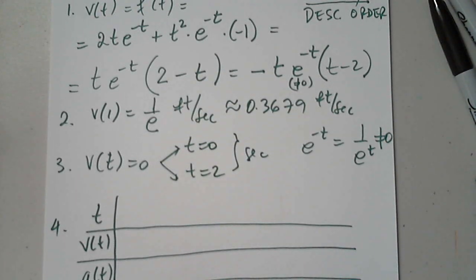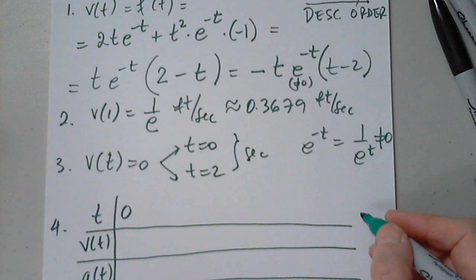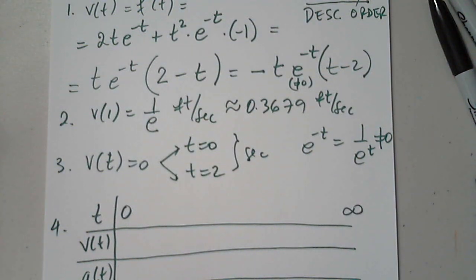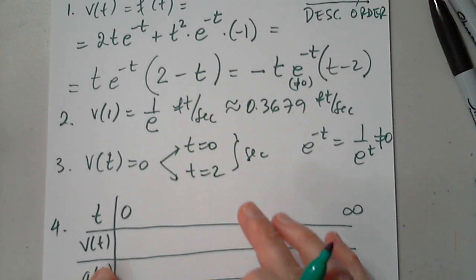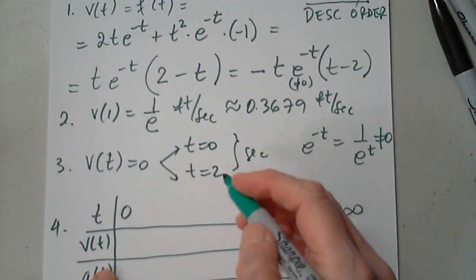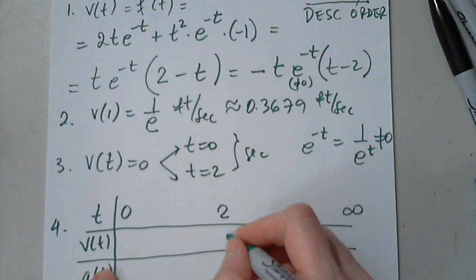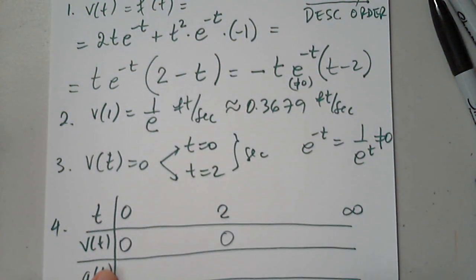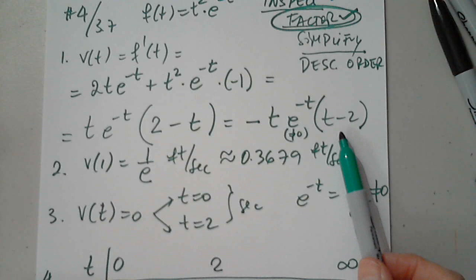We are told that the time is positive, so they're asking us to basically put this in here, 0 and 0. And I study the sign.